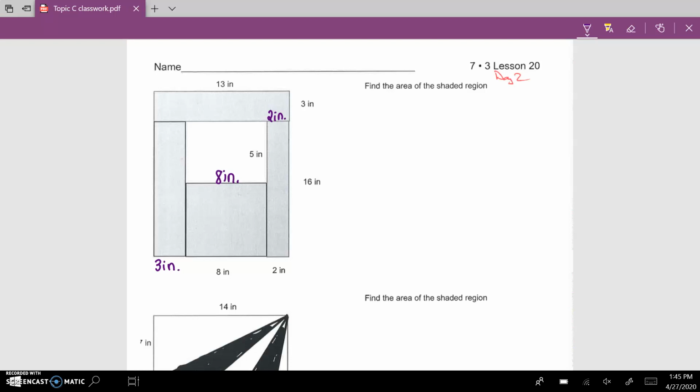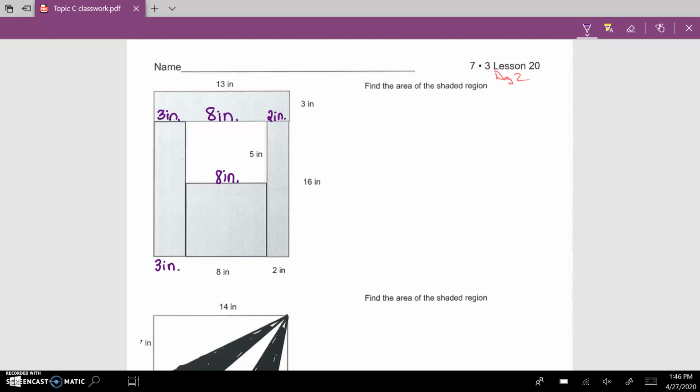And so remember in rectangles and squares, the opposite sides are the same length. So I would go in and do that first. If this was 3 on the left, that means that this would be 3 on the top side. This 8 in the middle means that the opposite side would be 8 inches.